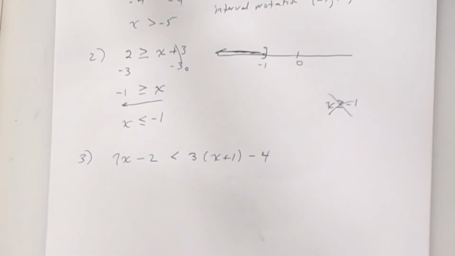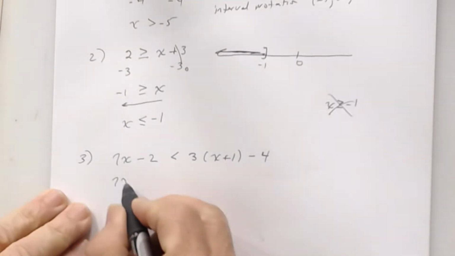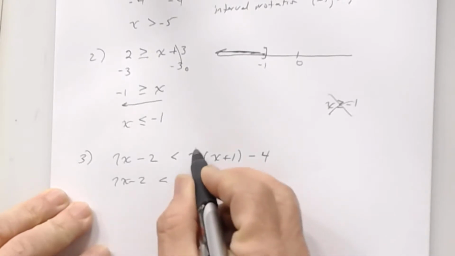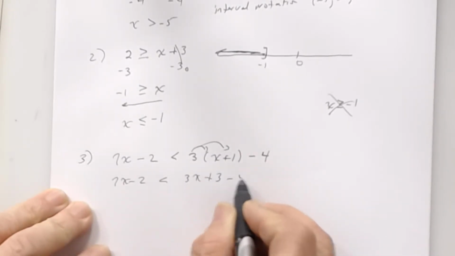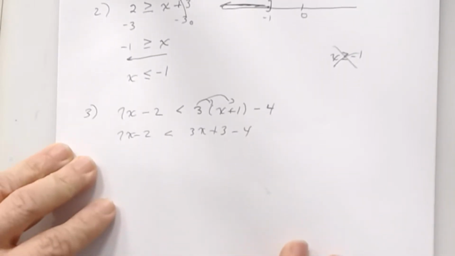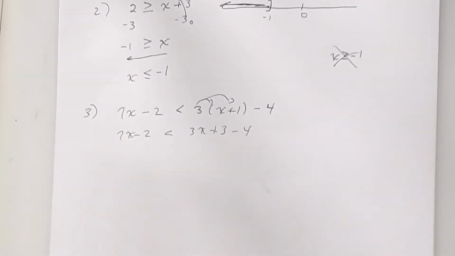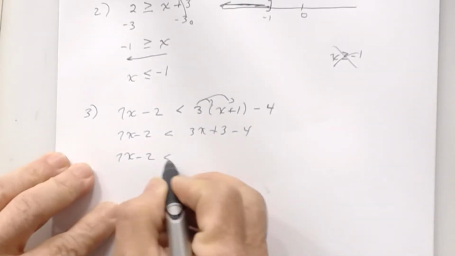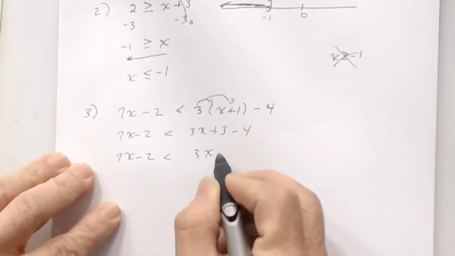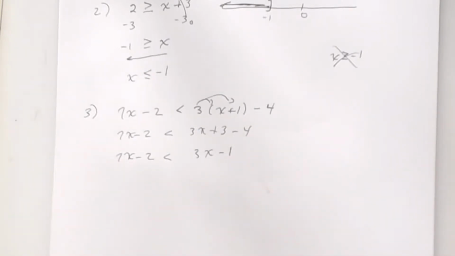So I'm using distributive property first. So I get 7x minus 2 is less than, if I distribute, 3x plus 3 minus 4. What's the next step? Combine like terms. So I get 7x minus 2 is less than 3x minus 1.